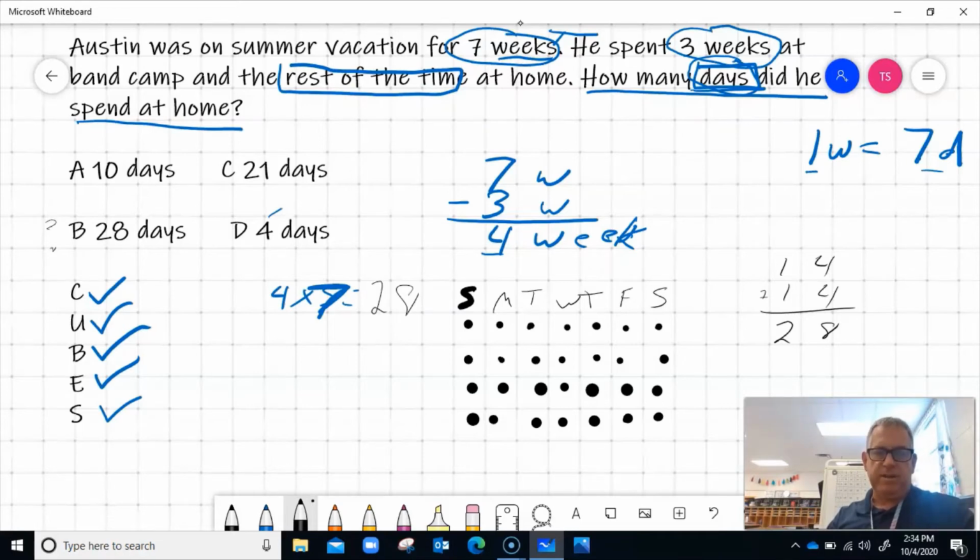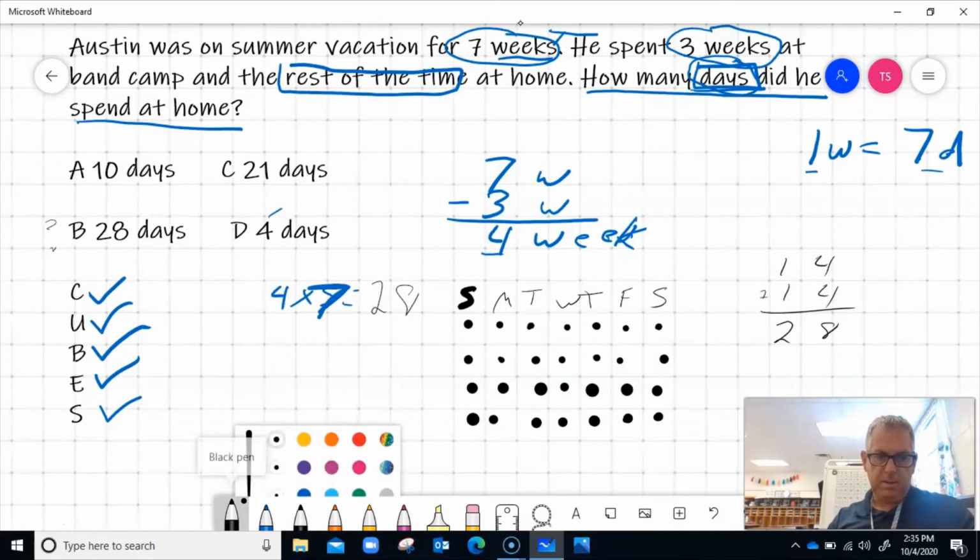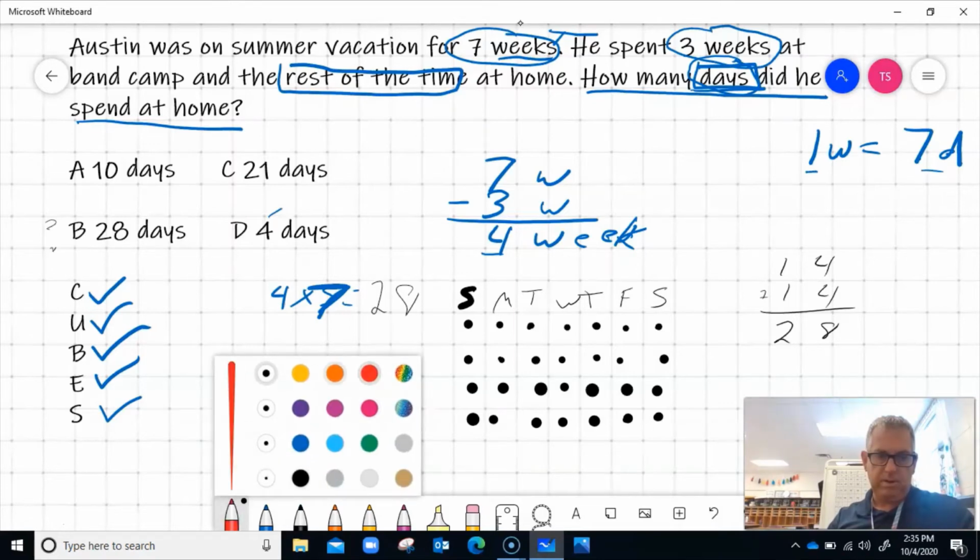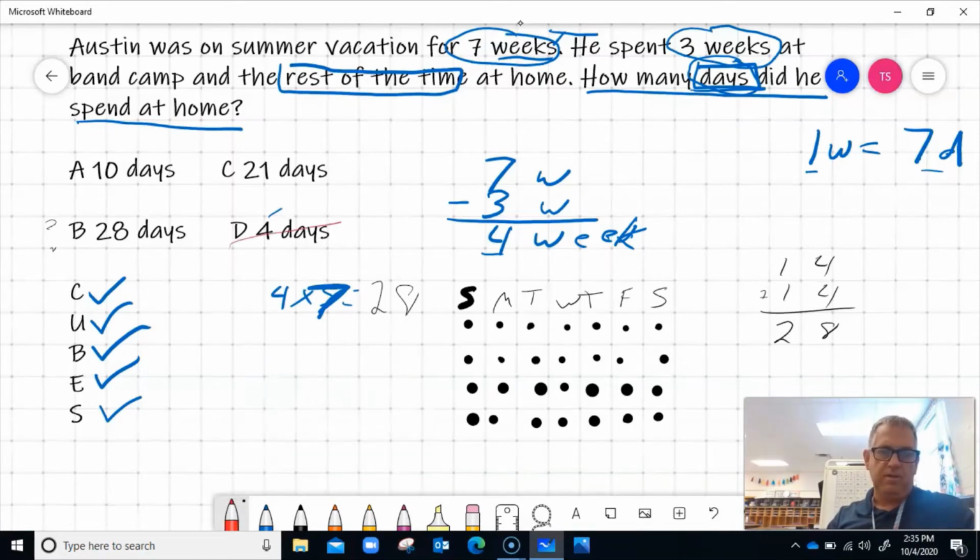Okay, we already figured out that D is not right because it's talking about 4 days, and they put that there to kind of mess us up a little bit. It's not 4 days, it's 4 weeks that he has of summer vacation. Let's look at something else here. If I added 7 plus 3, it would have given me 10.